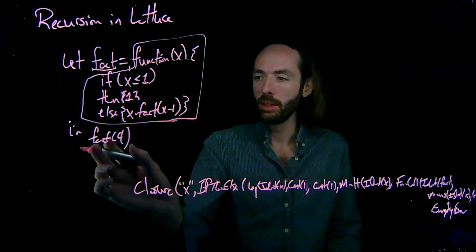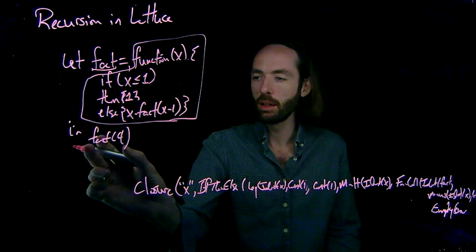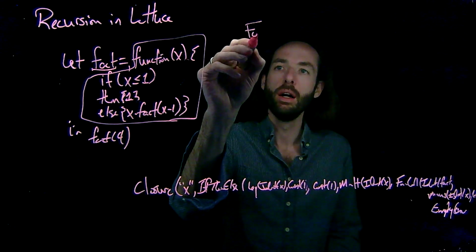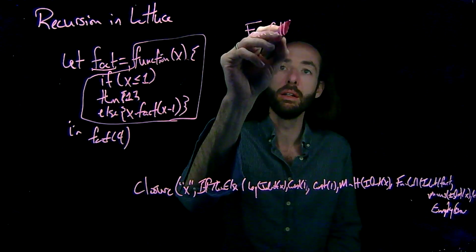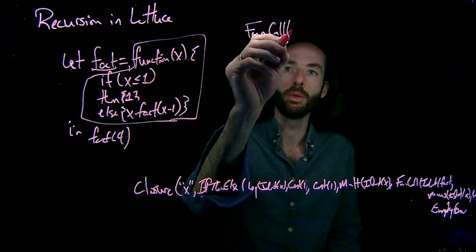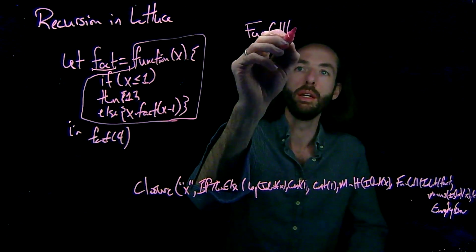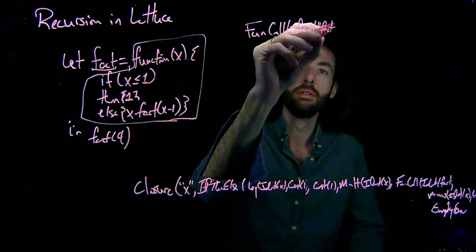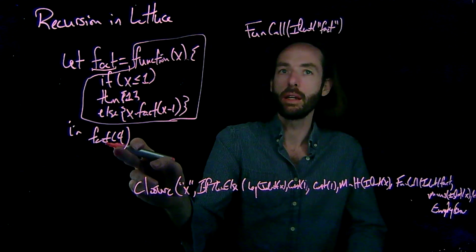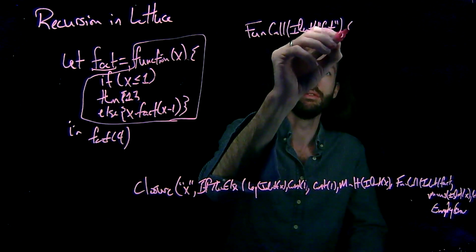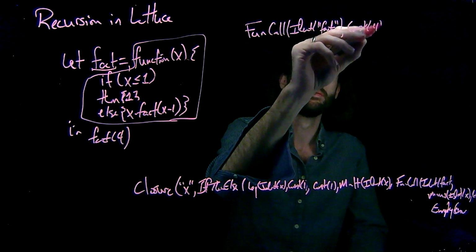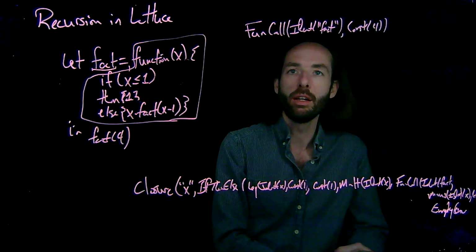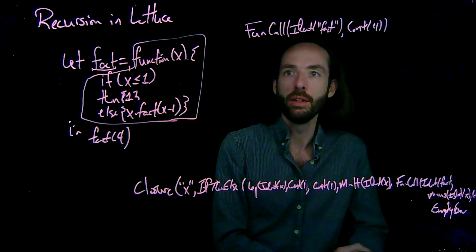And the problem here is what happens when we do our call on fact of 4. That was what we described as fun call, and we have two expressions. The first expression is going to be ident of fact, and our second expression is going to be const of 4. And what did we say the evaluator did when we saw this?